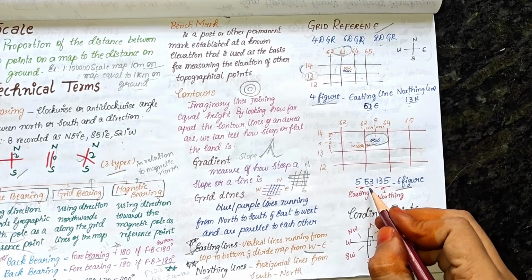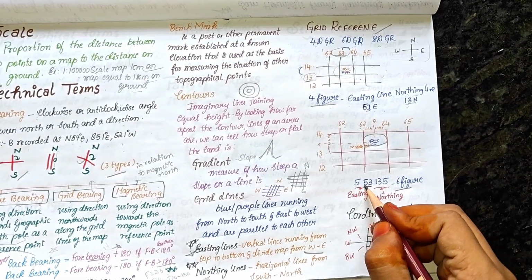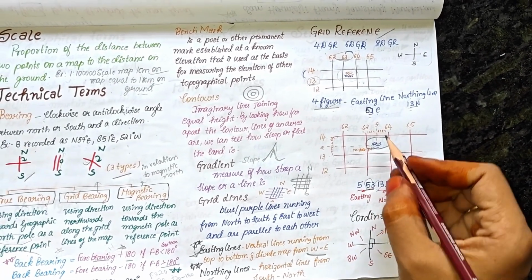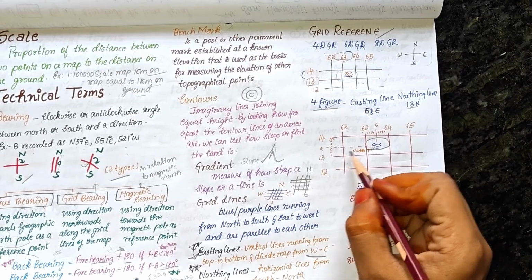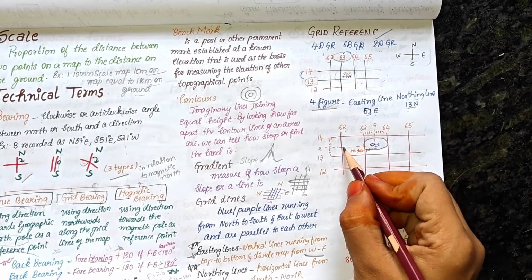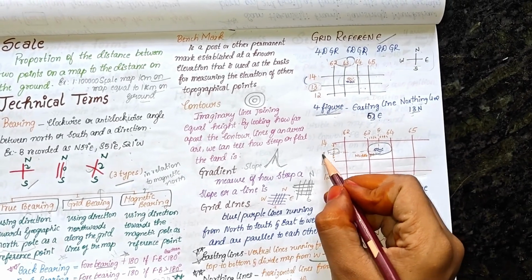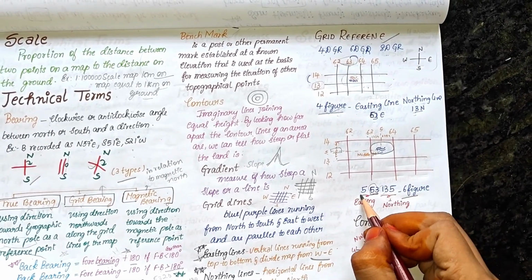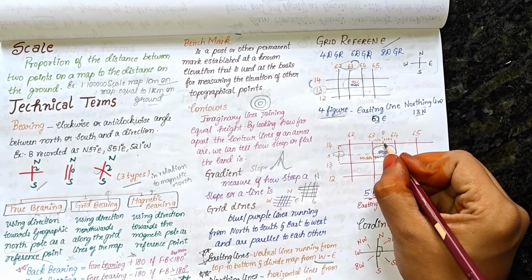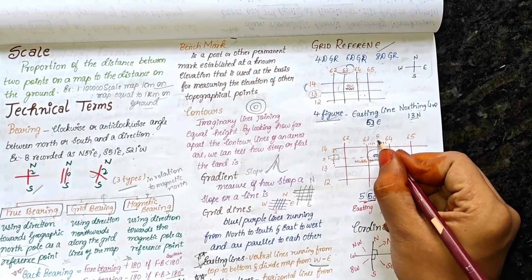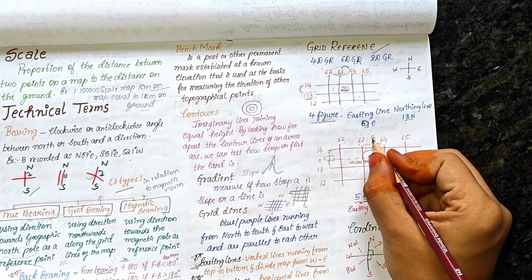So how do you write a six figure? For 63 and 13, what are the midterms? Where is the river present? If you draw a line from here, you'll have a particular value. I have 5 here, so I have written 5. Even here, when you extend a line from here, you'll have a particular value.